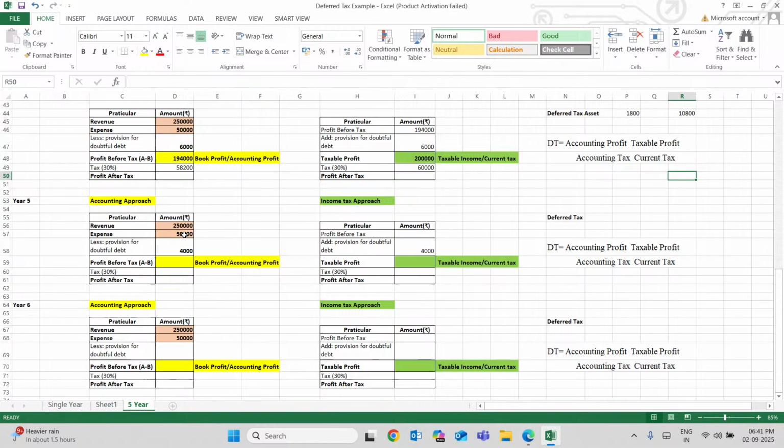So we are going to calculate the taxable income, the accounting profit, on which we are going to calculate the tax: minus expense from the revenue, and then less the provision for doubtful debt. That will give us 1,96,000. So here we are going to calculate the tax on it at 30%. That is our 58,800. Under this we are going to add again.